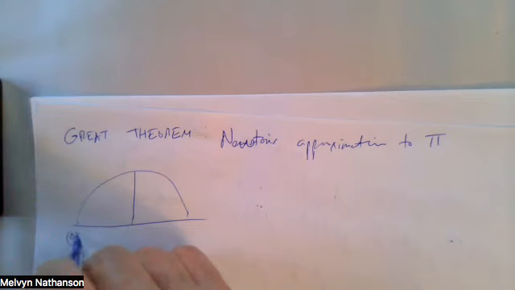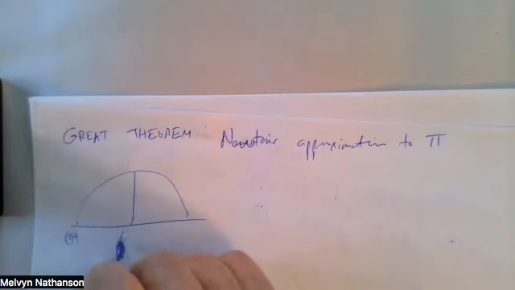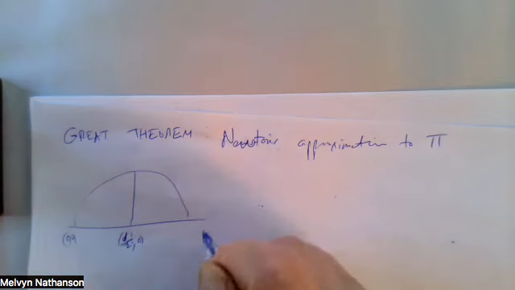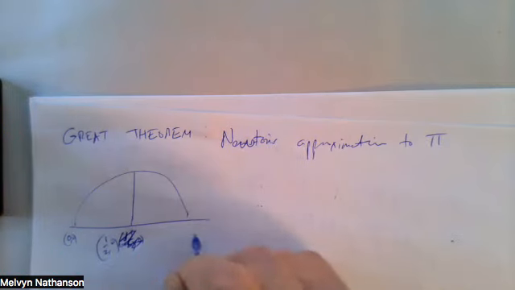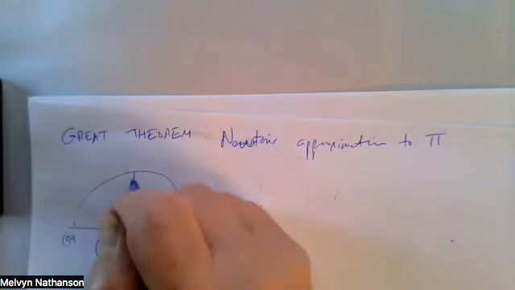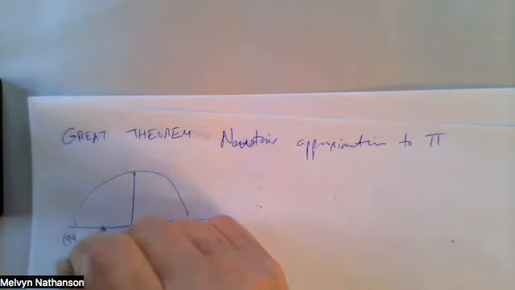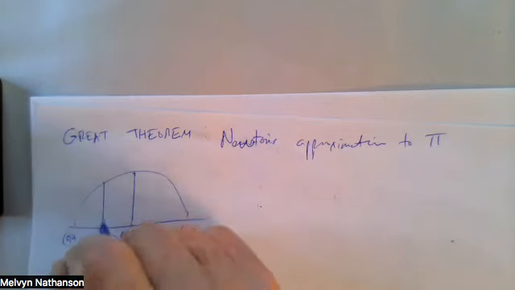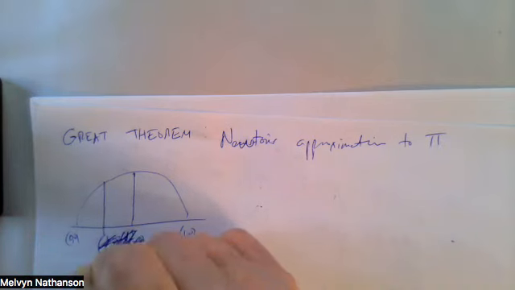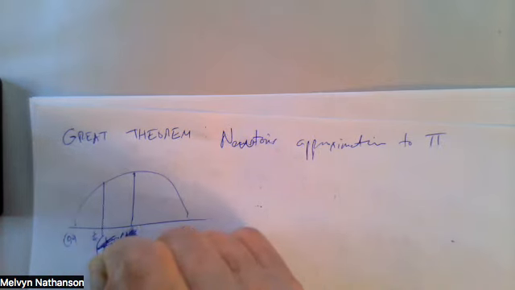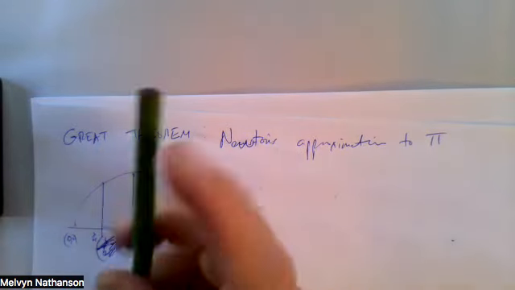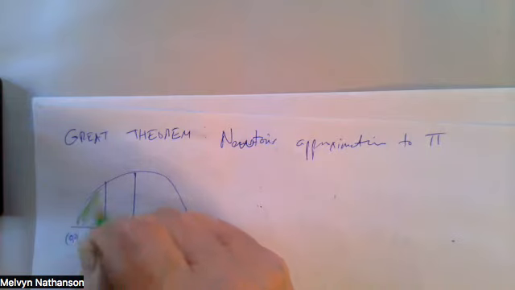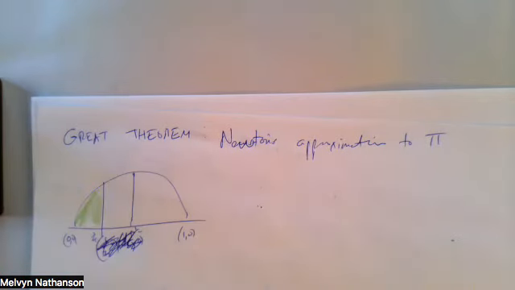First, you take the circle, the semicircle, with center at a half, zero, and radius a half. So this is the point 1/4, this is the point 1/2. And he's going to find two ways to compute this green area.